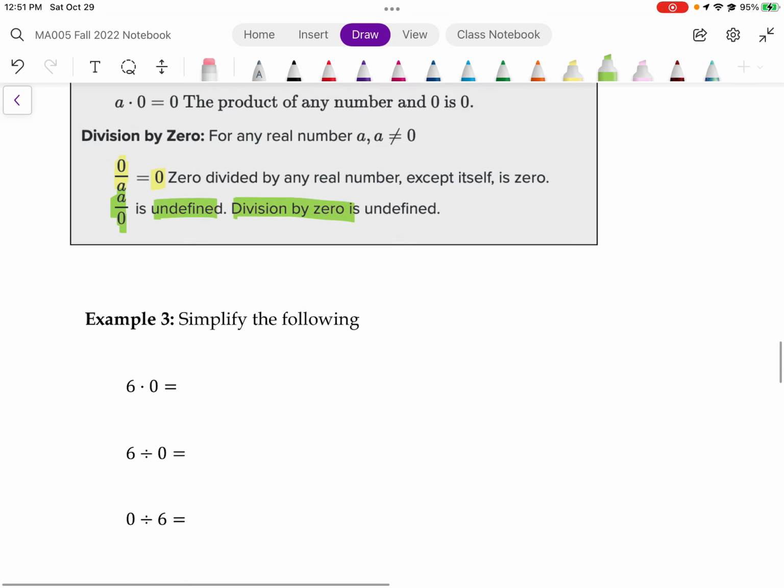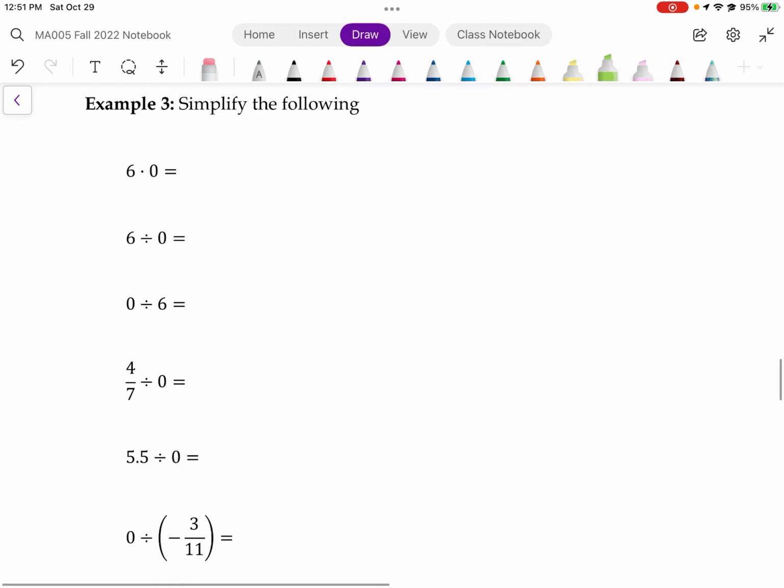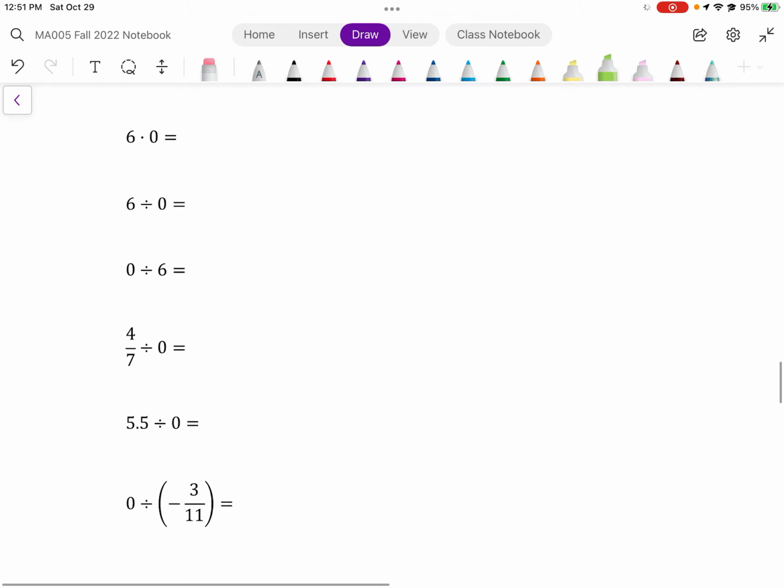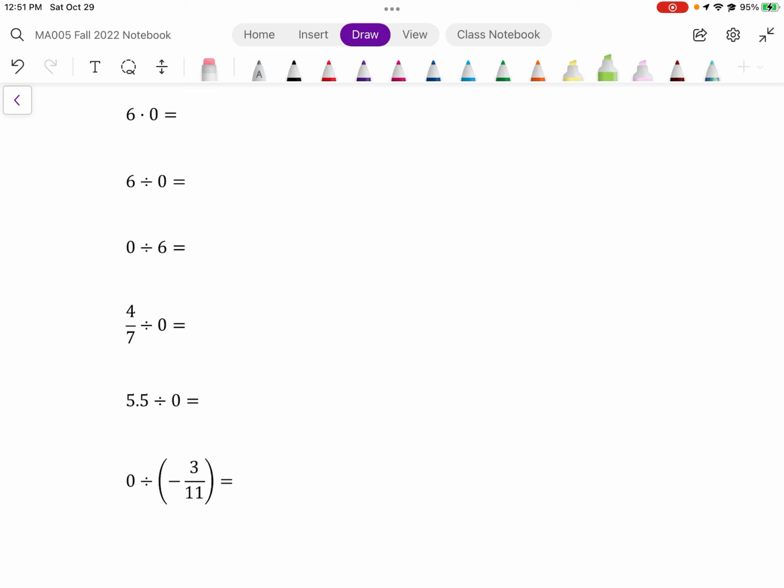All right, so try all of these. 6 times 0 is 0. 6 divided by 0 is undefined. 0 divided by 6 is 0. 4/7 divided by 0, well, we can't divide by 0.